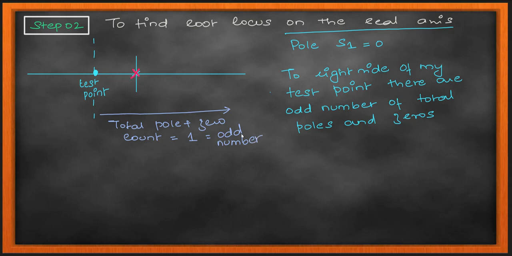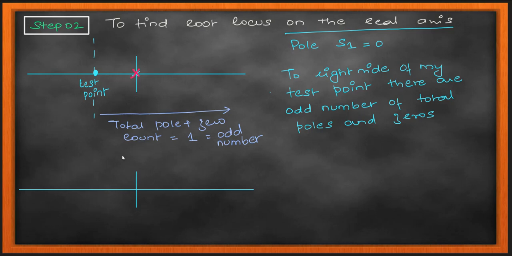Then I can count the number of poles and zeros, and in this case it is equal to 1, which is an odd number. I'm only interested in whether it is odd or even. When that count is an odd number, then I can say that it is included in your real axis.